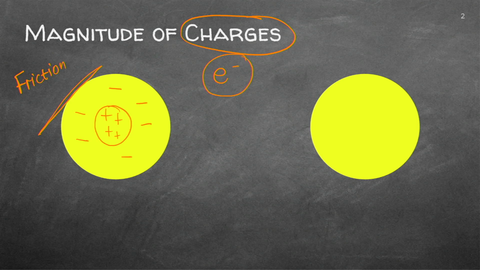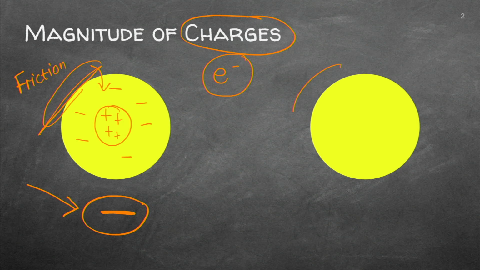Electrons can either be transferred from the cloth to the object in order for it to become negative because it was gaining electrons. Or I can take another object, wipe it against a charge, and it will lose electrons. Now, if it loses electrons, you know it will have a positive charge.